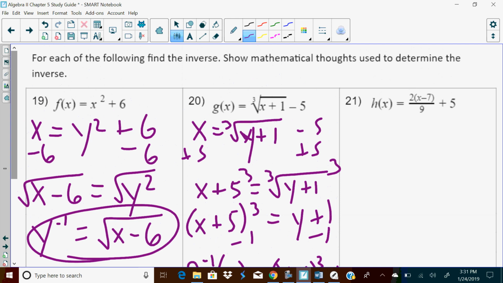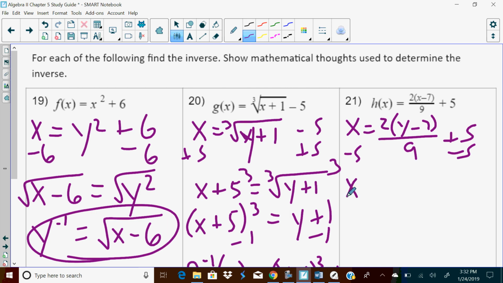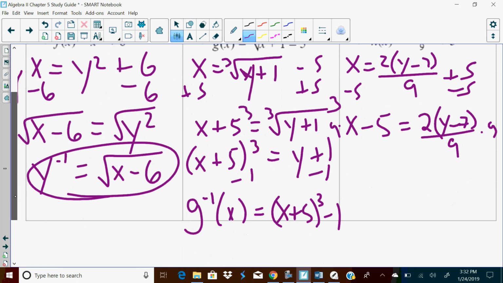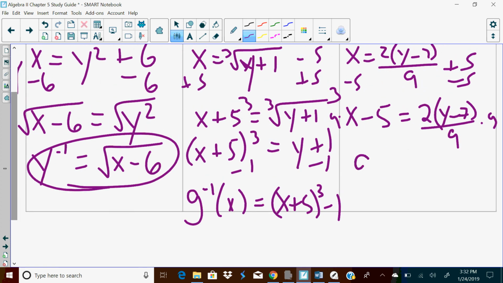And then 21, x equals 2 groups of y minus 7 over 9, plus 5. So I subtract 5 first, and I get x minus 5 equals 2 groups of y minus 7 over 9. So I'm going to multiply both sides by 9. So I'm going to get 9x minus 45 equals 2 groups of y minus 7.